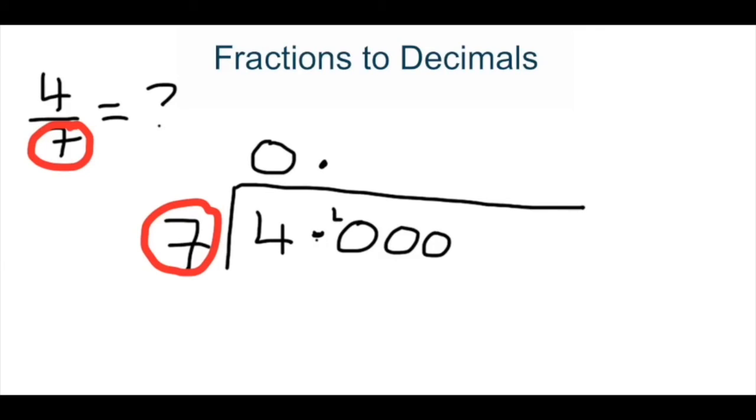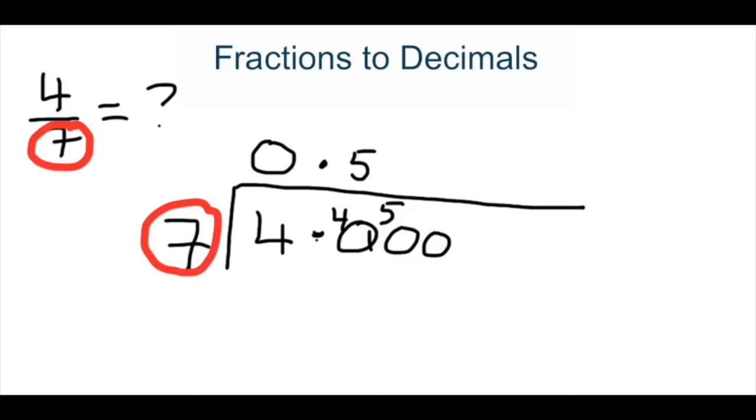So we carry that 4 across, and we ask how many 7s can go into 40? It's not going to be a whole number. Closest one is 5 times 7, which is 35. So we put 5 up here. And 35 is 5 away from 40, so we put 5 on our next 0. How many 7s go into 50?